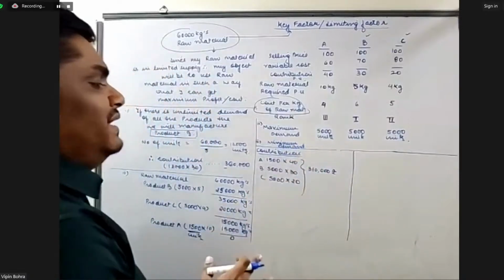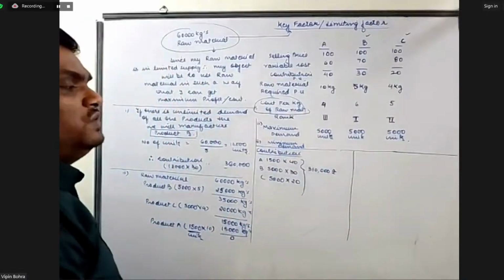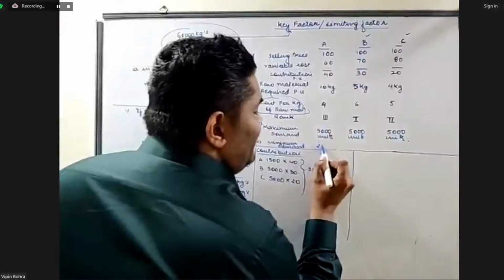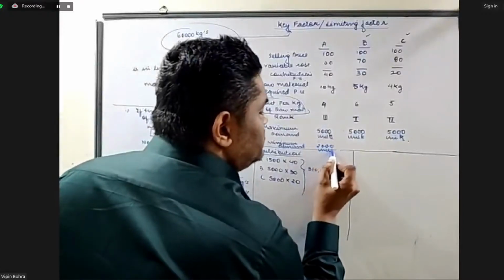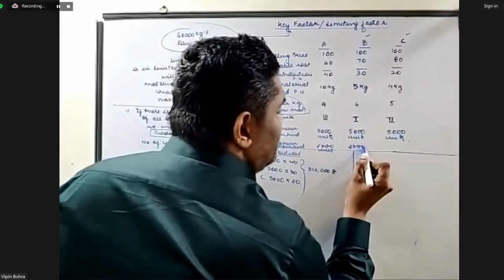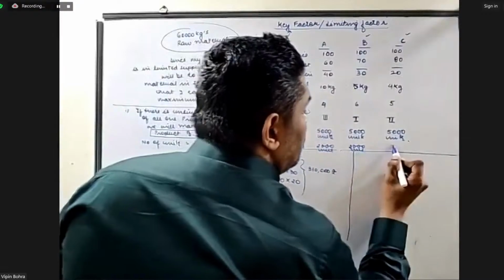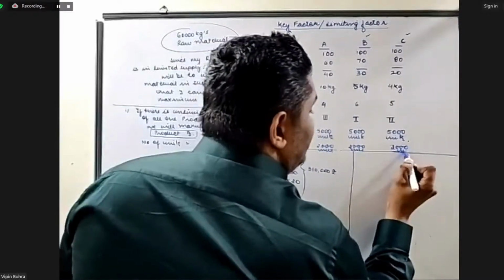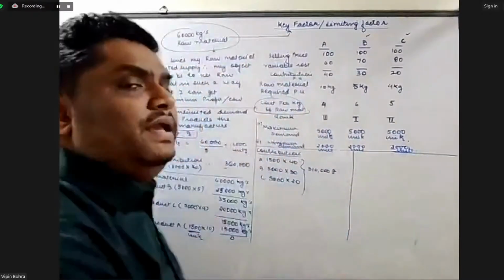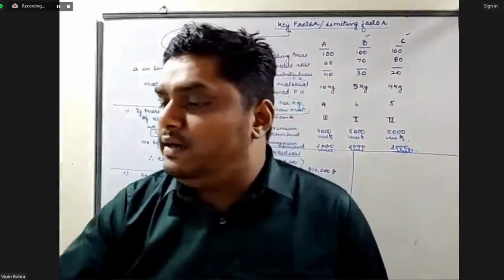Let's say minimum we have to manufacture 200 units of every product. आपको इतने यूनिट्स तो मैन्युफैक्चर करने ही पड़ेंगे to sustain in the market.